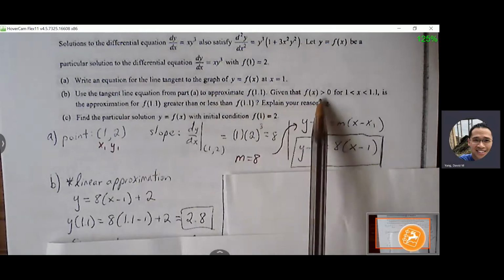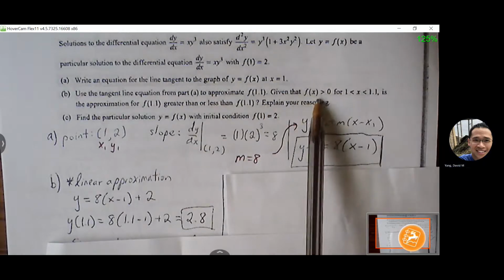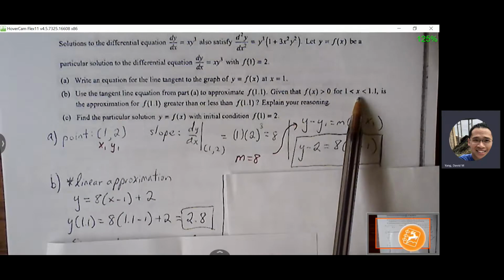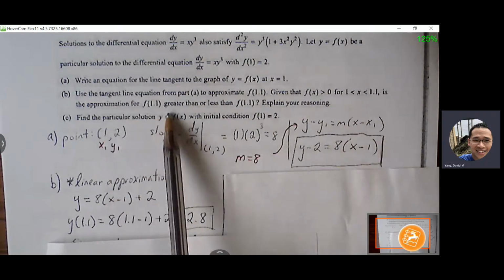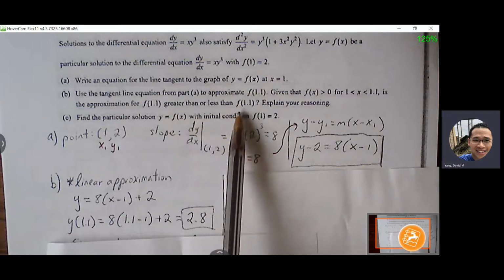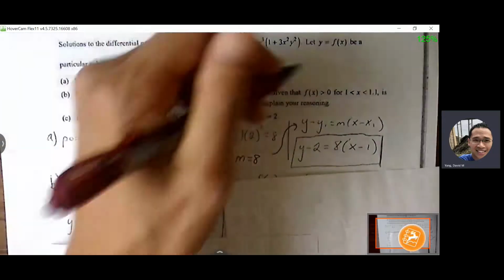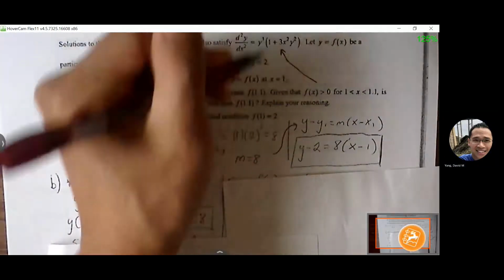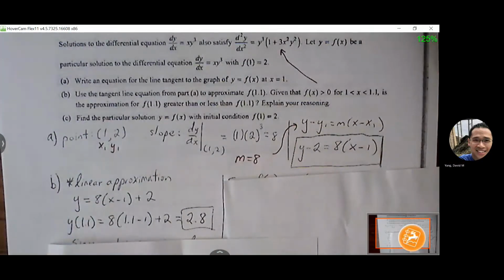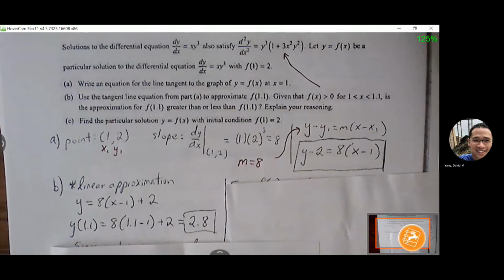Okay, given that y is greater than 0 and that x is positive as well, so if x and y are both positive, is the approximation greater than or less than f of 1.1? So how can the second derivative help us out here? If I know y is positive and x is also positive, my second derivative is going to be what? Also positive.